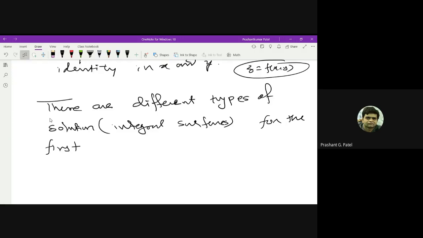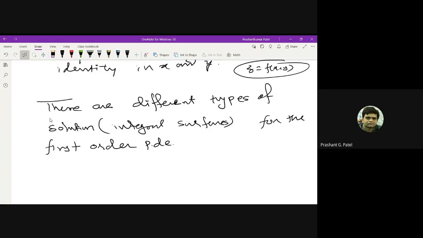And in this lecture we are discussing what types of integral solutions there are. As I told you, z equal to f of x, y is interpreted as a surface in three-dimensional space, and it is called an integral surface of the partial differential equation.